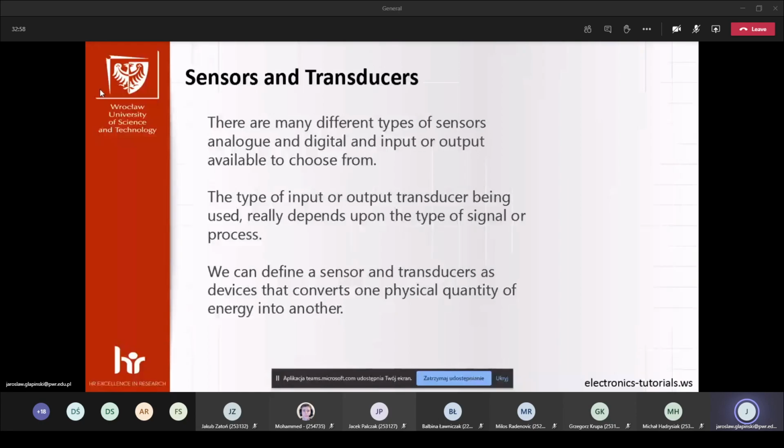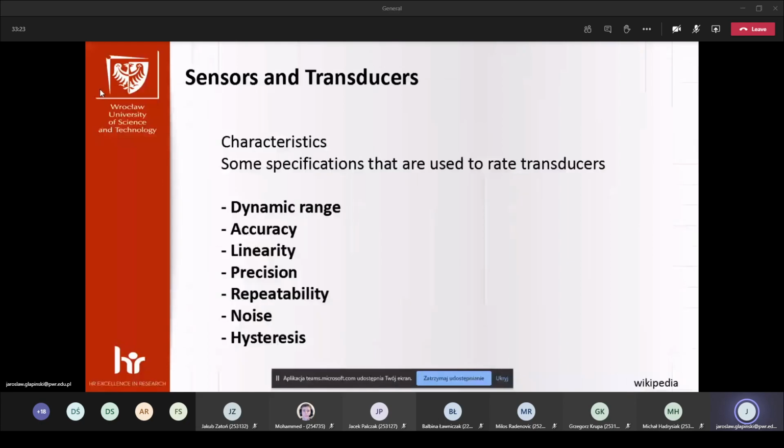So generally, we can define a sensor and transducer as devices that convert one kind of energy, physical changes or chemical changes, so we can say one quantum of energy, into another quantum of energy. This is general. Okay, so there are different sensors and transducers, and we need to describe how they behave and what they can measure.